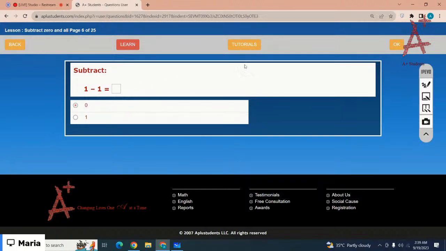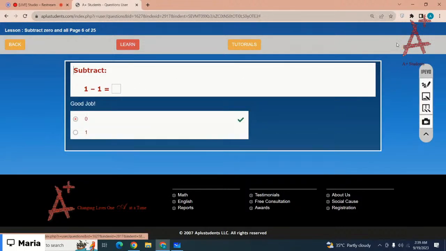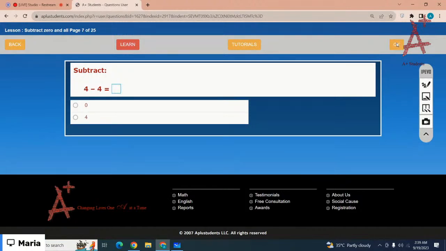Subtracting a number from itself makes 0, right? 4 take away 4, which is the correct option? Subtracting a number from itself makes 0.